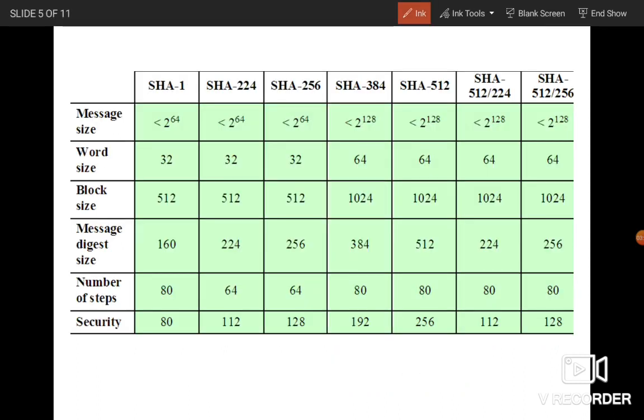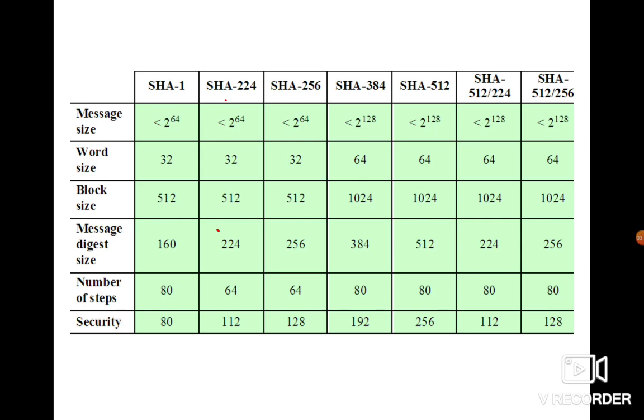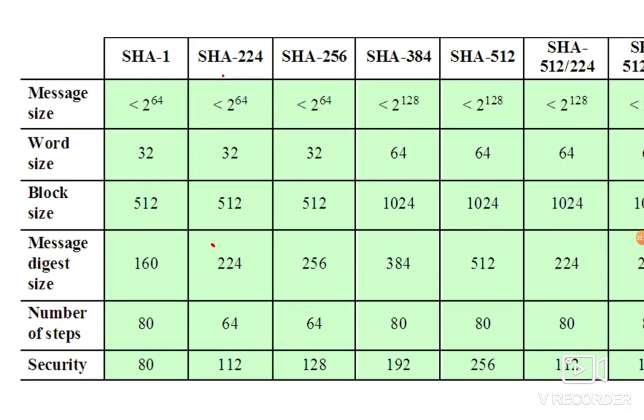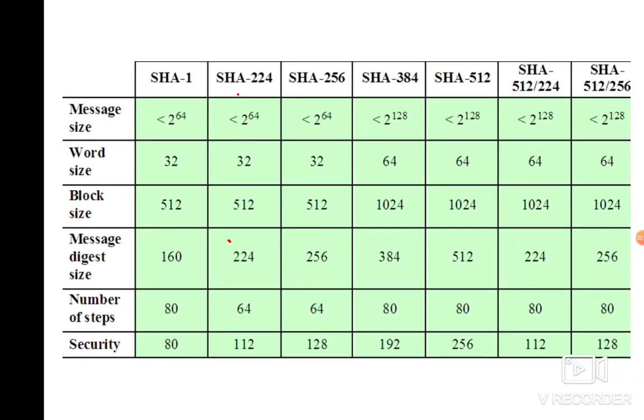So this is the comparison of SHA parameters of different versions. First, message size. The SHA 1 algorithm requires the message size to be less than 2 power 64. Up to SHA 256, it is of length 2 power 64, and for higher versions, the message length should be less than 2 power 128.